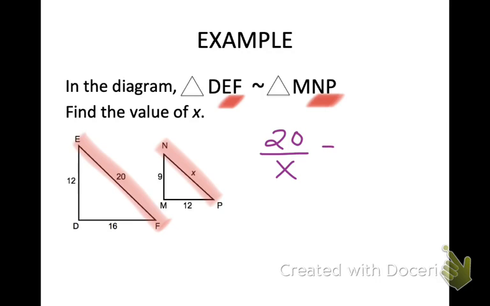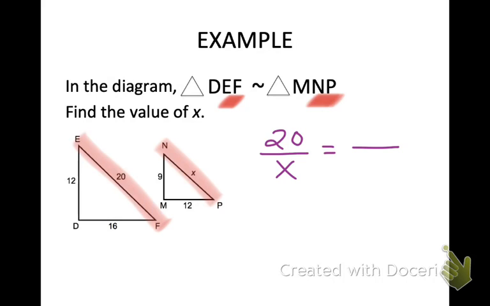Well, in order to be able to solve for x, I need a proportion so I can cross multiply. So now we got to do another set of sides. What side do you like the best? Do you like 12 or do you like 16? Oh, 16. No, 12. You want 12? It wouldn't matter because I am given both. If this 12 wasn't here, then I would have to use the 12 and the 9, right?